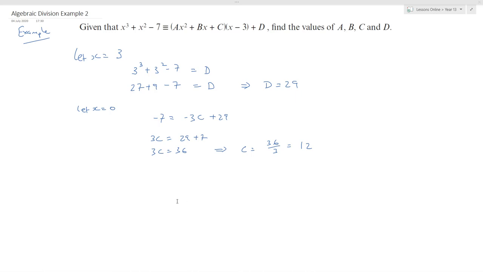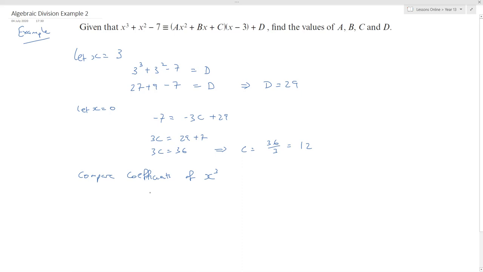In order to find a and b, I'm going to compare coefficients. Actually, I'm going to compare the coefficients of x cubed in the first instance. On the left hand side, the coefficient of x cubed is 1.